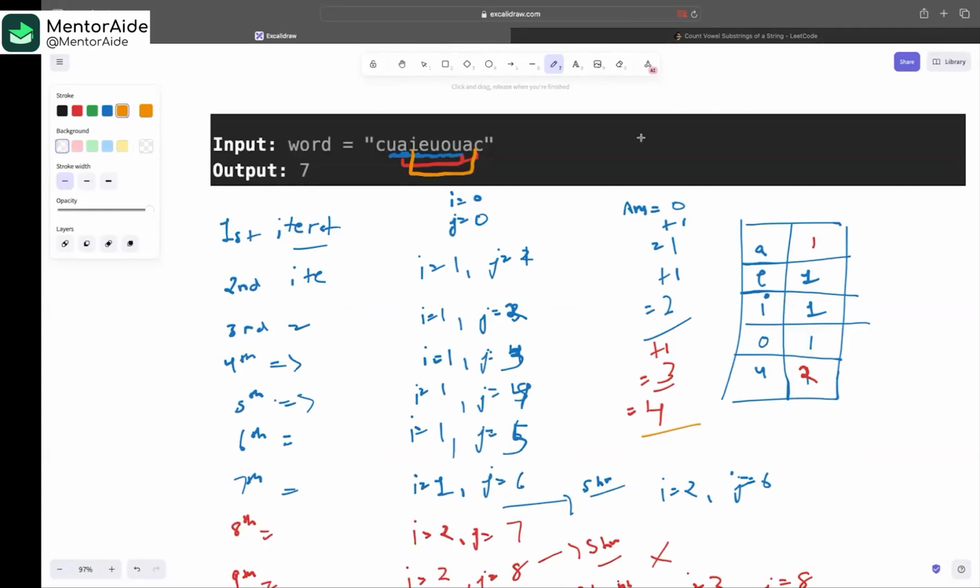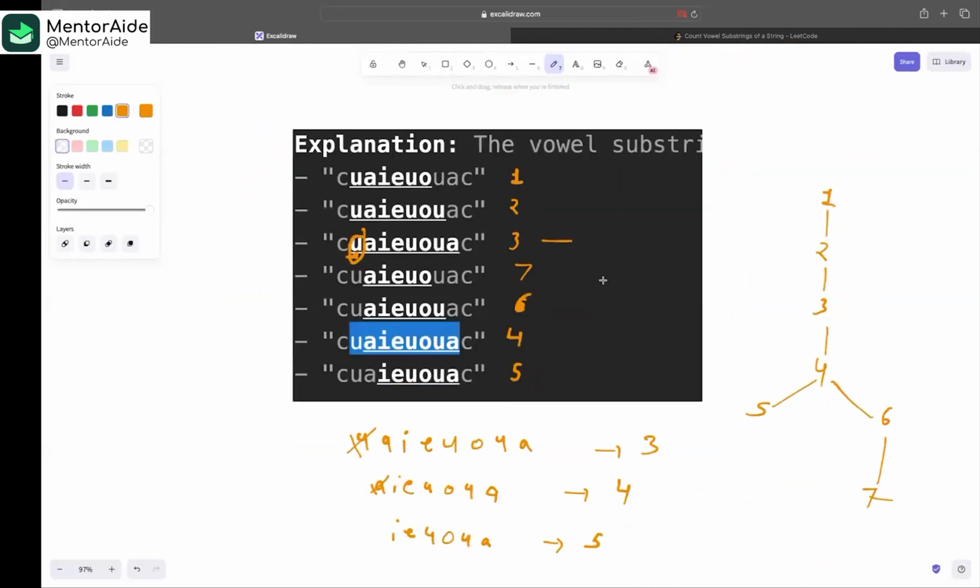In that case you will have to shrink from the right also, and that will create branches. That is also one of the solutions which I discussed initially, when I told you that from four you can cut two branches, five and six. Basically, you can shift the left first or shift the right first, and then make more moves. But what I'm trying to find out here is, if we remove this U here itself and we just go with this, what is going to be the issue for us?